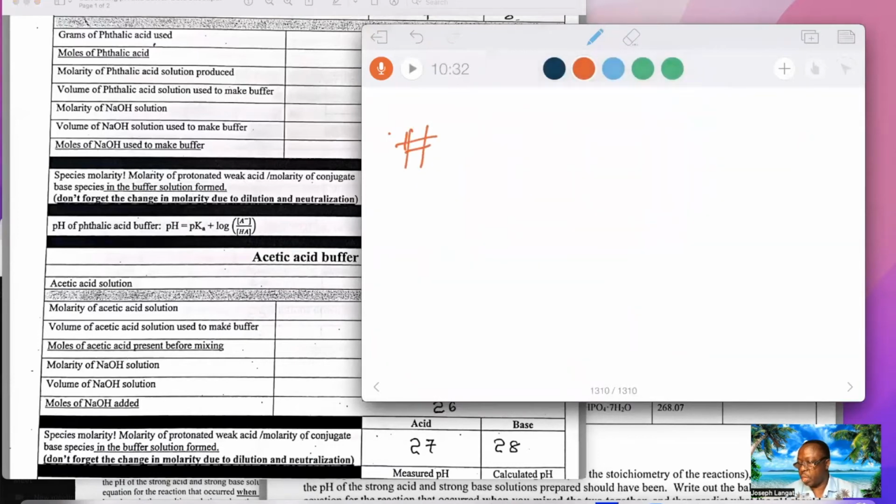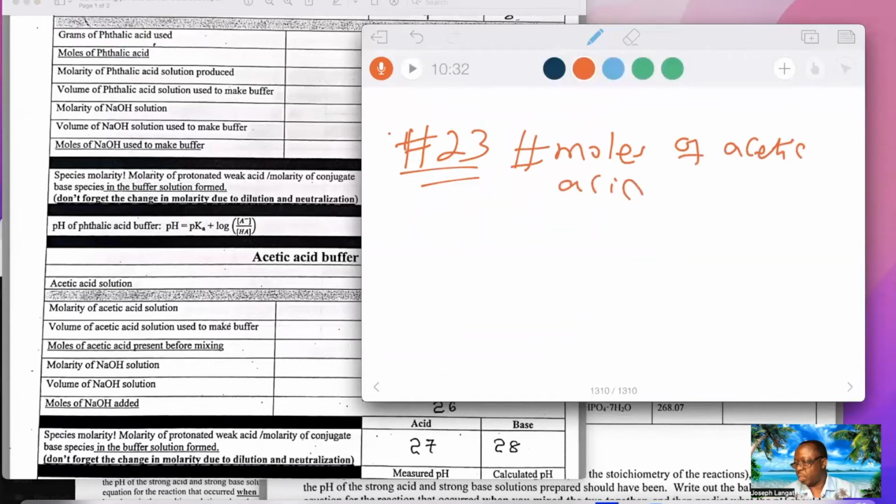Number of moles of acetic acid is given by molarity times volume in liters.